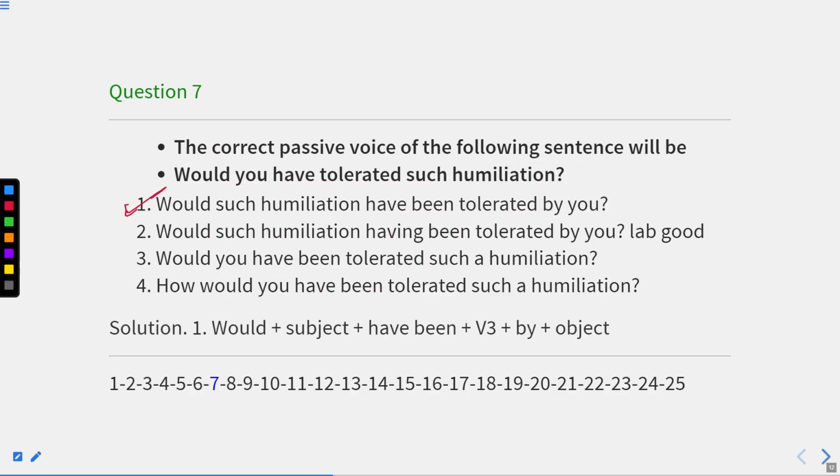Therefore the first will be the correct answer, where you can see would such humiliation: humiliation is the object, would is the modal, have been is the required structure, tolerated is the verb third form, by you. But in the third one, would you have been tolerated is the simple structure, not the question structure, but we need the question structure where the object should come prior to the subject. So here the first will be the correct answer.